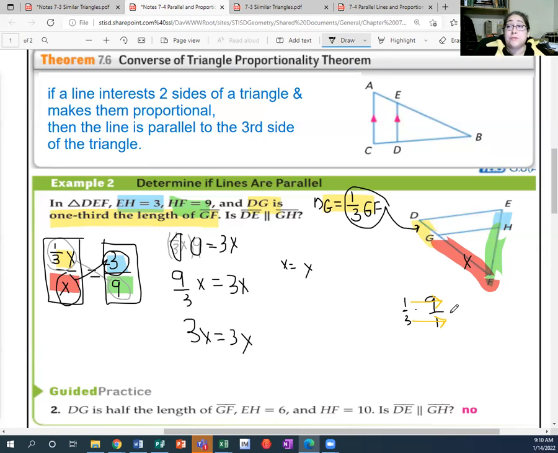These things are proportional. Yes, these lines are parallel. We were just trying to see that these as a fraction are equal. And because we got to something that is equal, yeah, those fractions were equal.